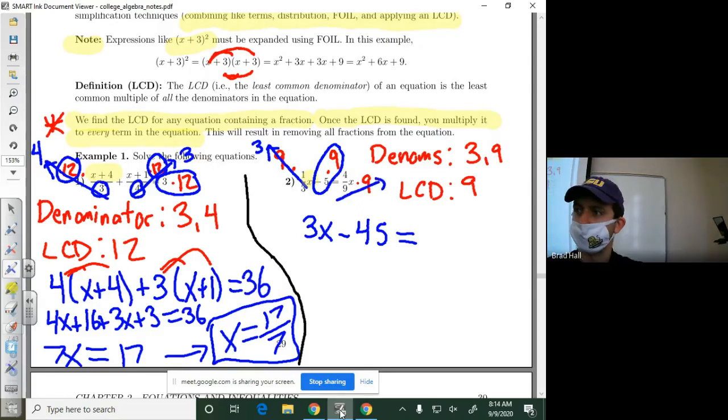So 9 divided by 9 is just 1. We still have a 4x over here. So technically it would be 4x times 1. But anything times 1 is just itself.